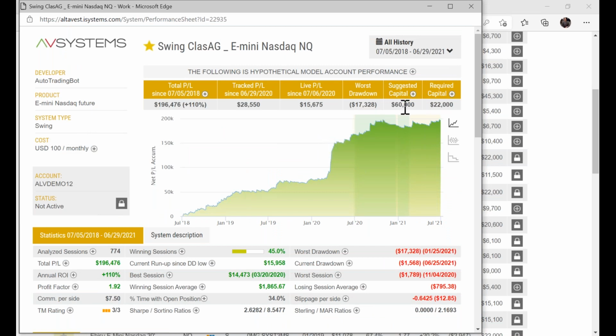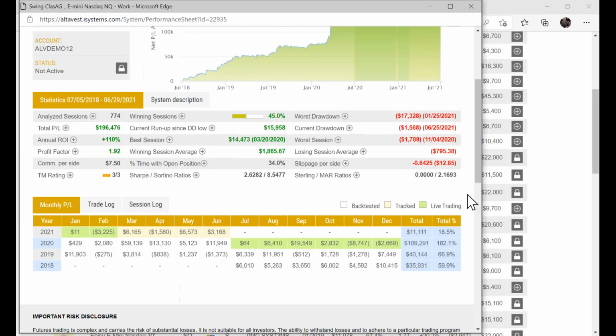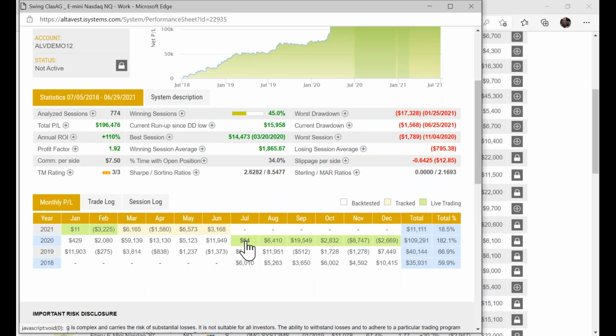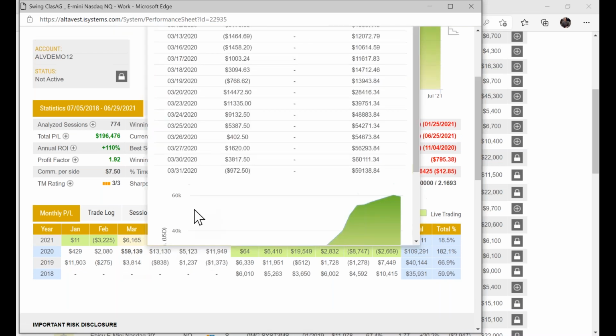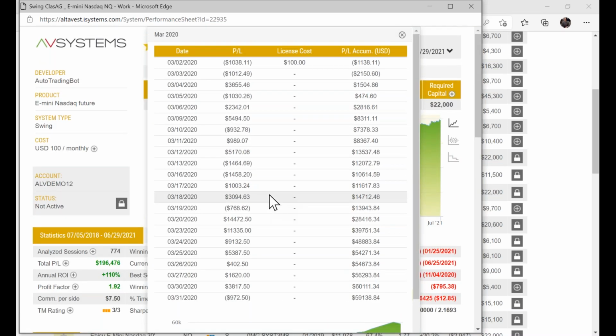Suggested capital $60,000. It's been trading live since the middle of, just about a year now. Had a great year last year, up 18% so far year to date. That's very respectable. And again, look at last March. It was hypothetical, but nonetheless, you see the system had some outstanding hypothetical backtested data and performance from last March.